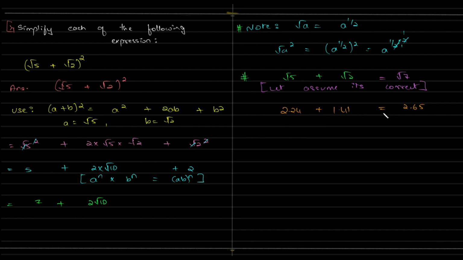Since LHS is not equal to RHS, but I have written equals over here, this is a false statement. Why did we get a false statement? Because our assumption is wrong. So this is something that you have to keep in mind, that you cannot add this.